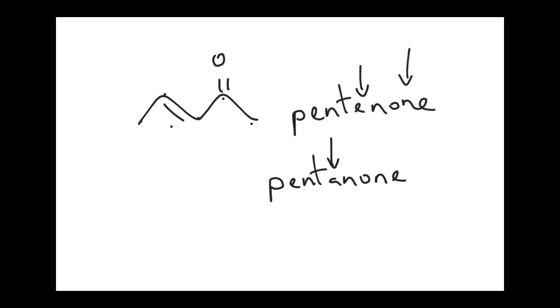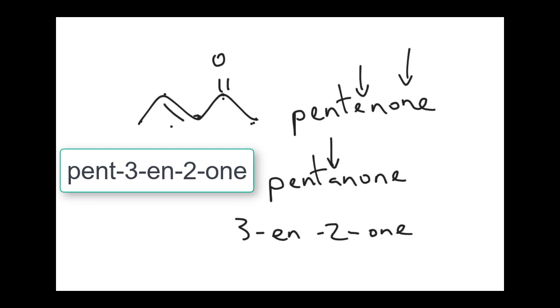This indicates that we have a ketone. Because now we'd like to indicate where they are located on the molecule. This gets the priority, so we want the 2 for the ketone. The double bond would come here. It's in the 1, 2, 3 position. That's where it starts. And we begin it with the pent. So pent-3-ene-2-one.